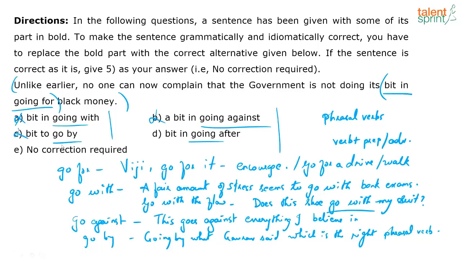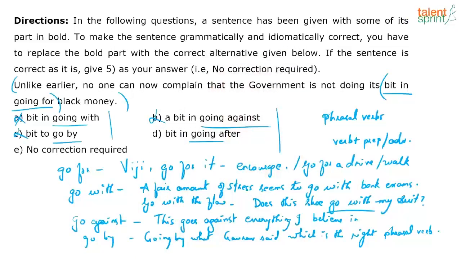So, the only thing that we're left with is going after, right? So, what is the meaning of going after? To go after something means to pursue something, you're trying to find a solution by persistently, you know, either following it or doing something about that situation. And in the context, they're saying, hey, the situation in our country is black money.